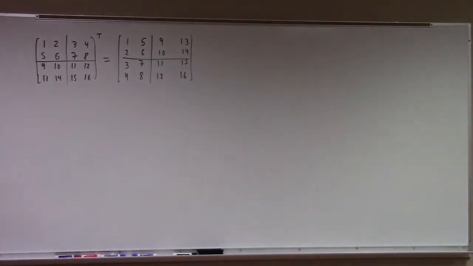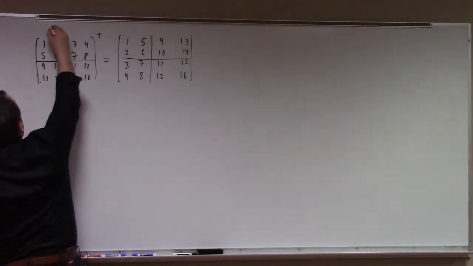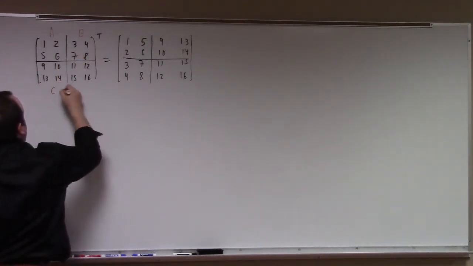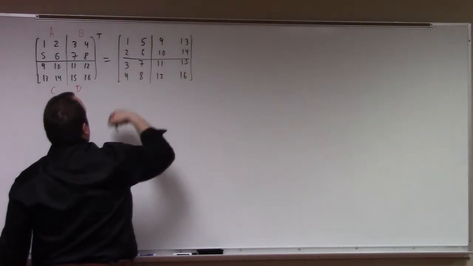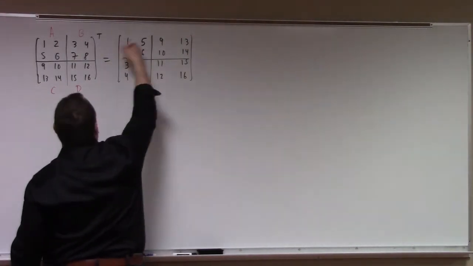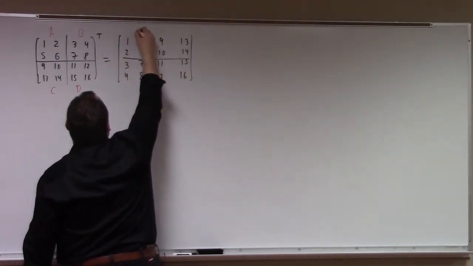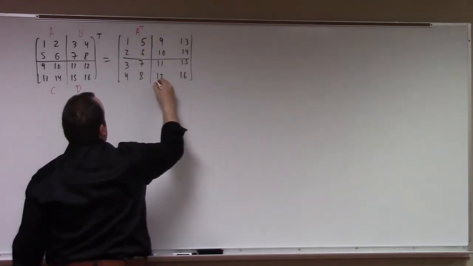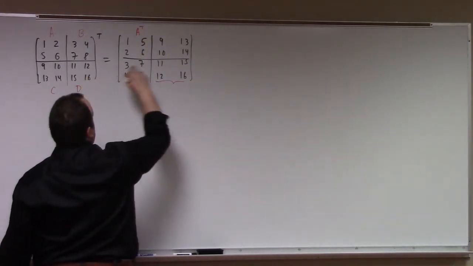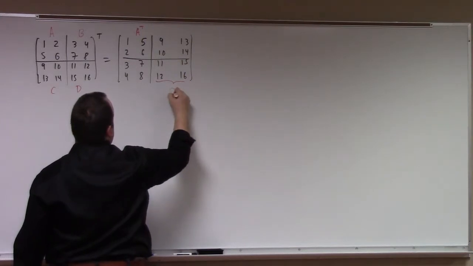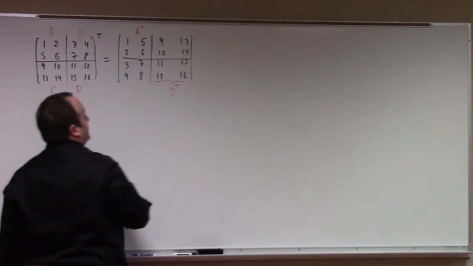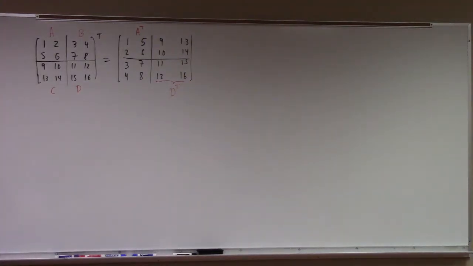So what happened? Let's give some names here. Suppose this is my A, my B, my C, my D. After we transpose, what do we get? This down here is just D transpose. And the off-diagonal blocks, what did they do?